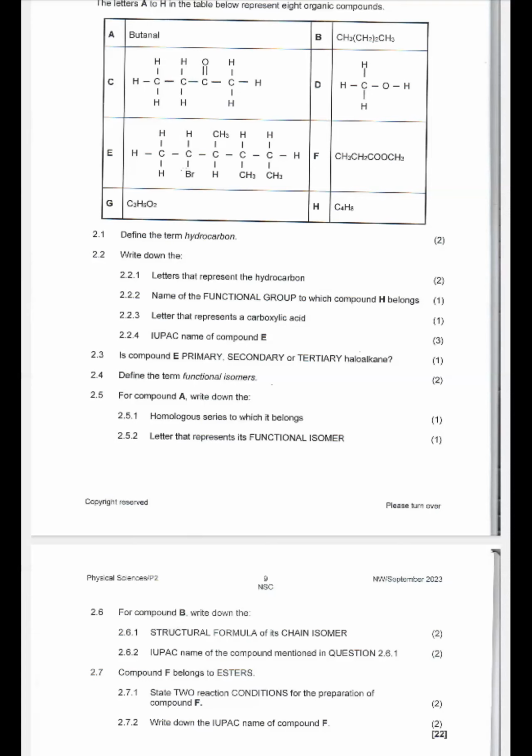B and H. A is a hydrocarbon? No, it contains oxygen, so it can't be. Butanol is not a hydrocarbon, right? Hydrocarbon only consists of carbon and hydrogen, nothing else.